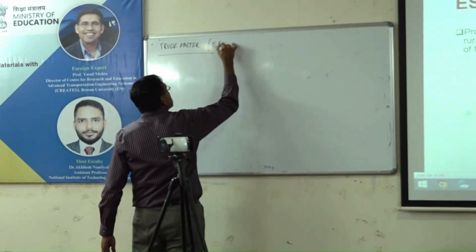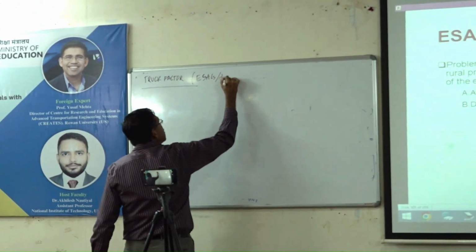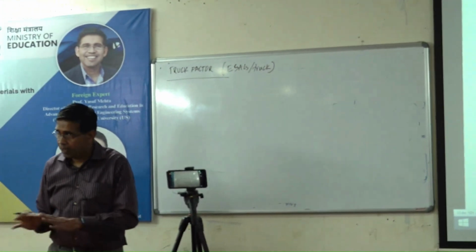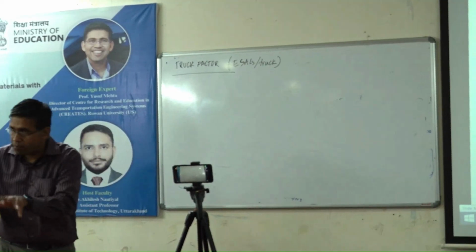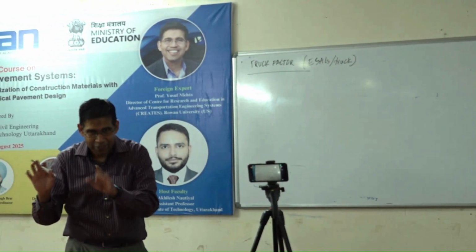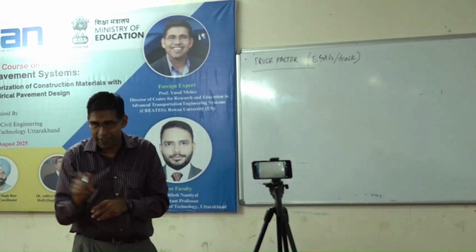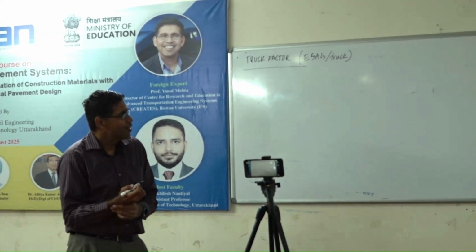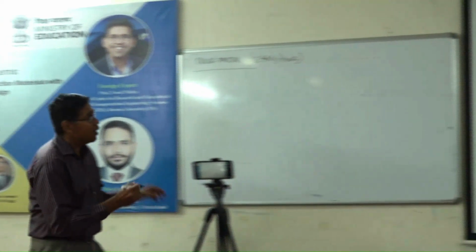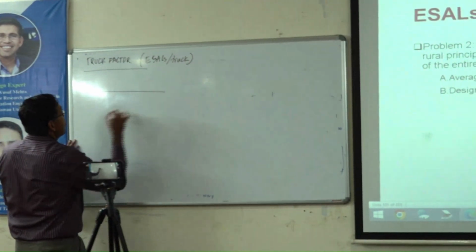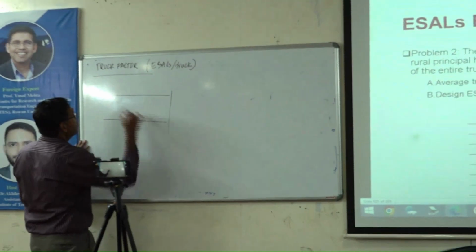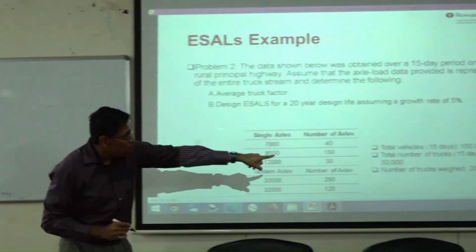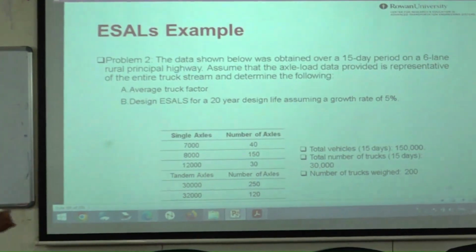Equals per truck. I'm going to explain this to you. Okay. Let's say this is on national highways. Let's look at this. Let's say in a given day, in a given location, you are weighing 200 trucks.